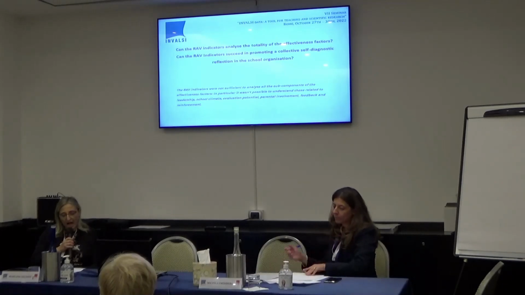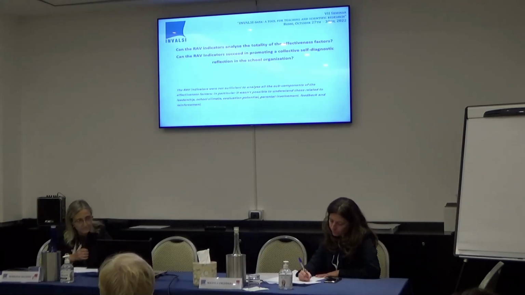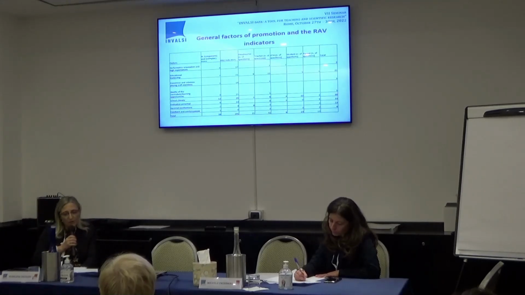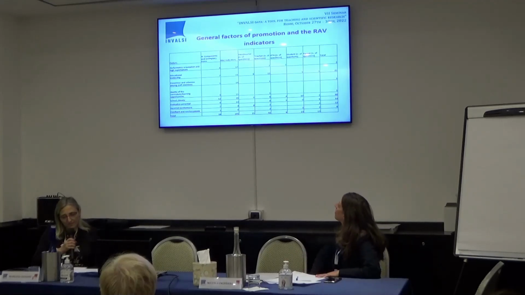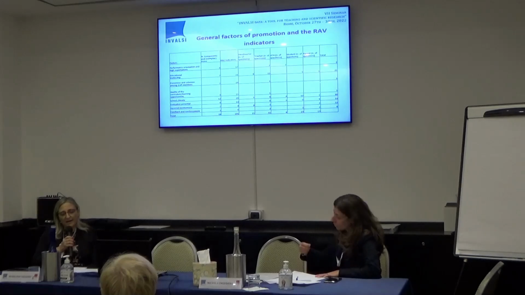They understand how to do better and self-evaluate themselves in order to be able to design paths of improvement. The sub-components into which the components constituting the general factors promoting effectiveness are divided can be analyzed through the indicators of the RAV and their relative indices.